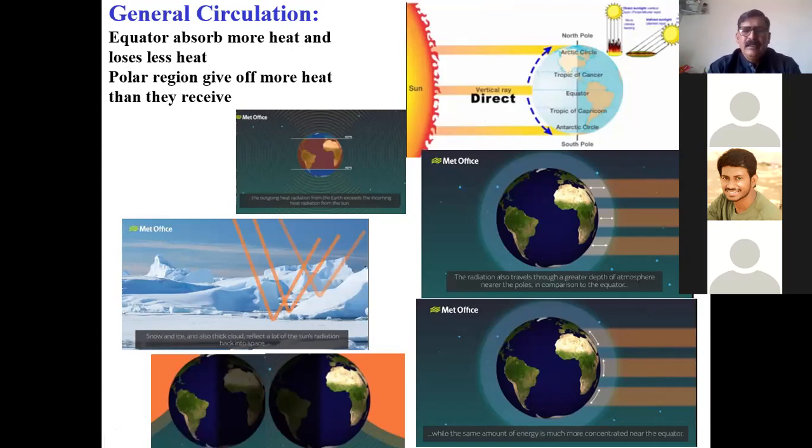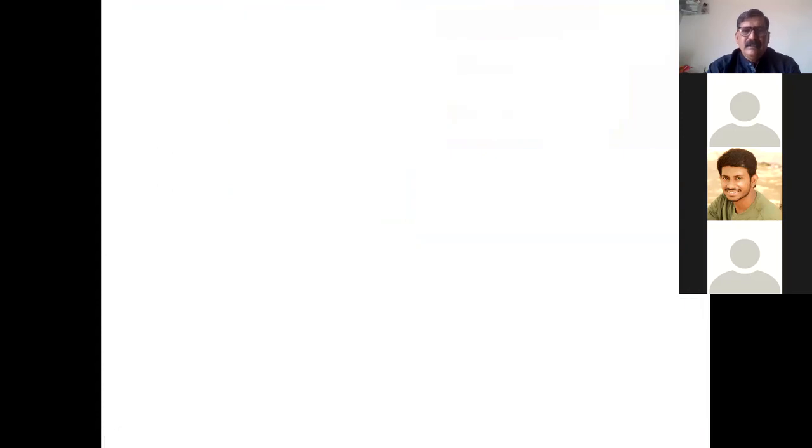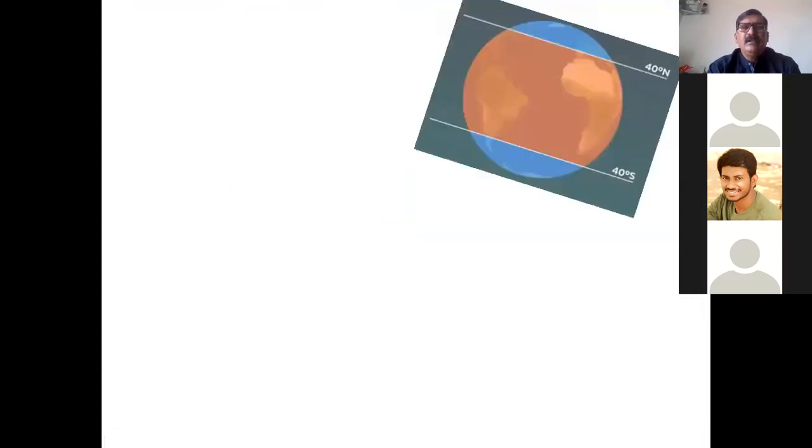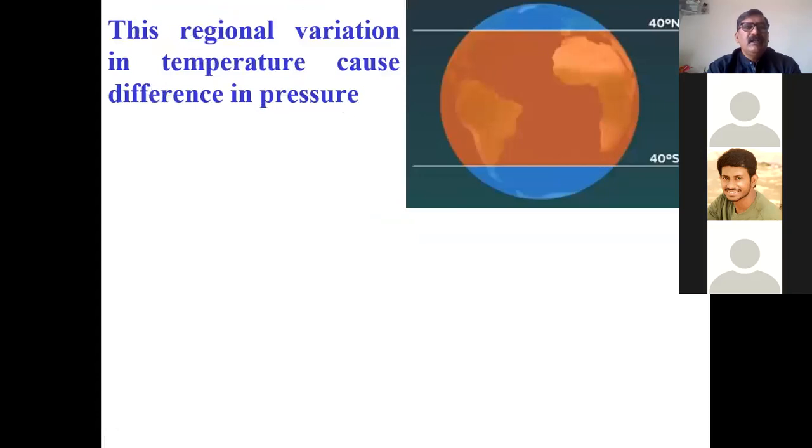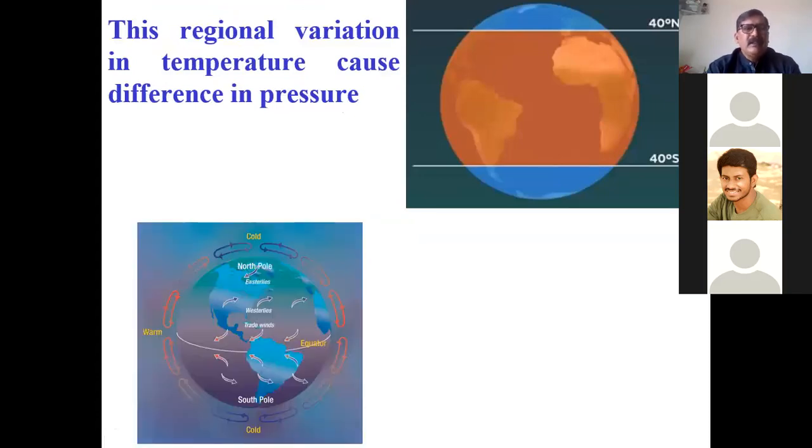This is the reason for the circulation of the atmosphere on the earth, and the regional variation in temperature causes differences in pressure. Is it right?